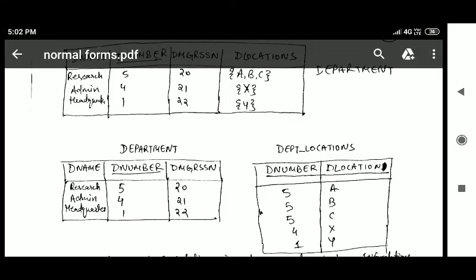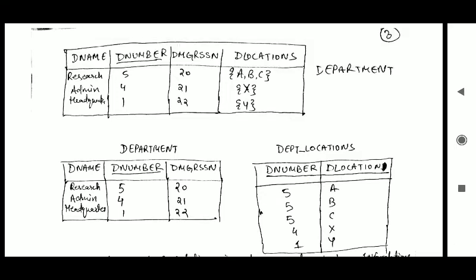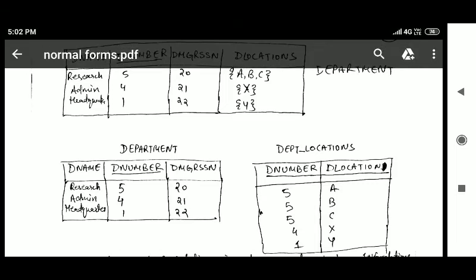Primary key of this relation department location is the combination of these two attributes. And in this relation there is a distinct tuple for each location of a department.